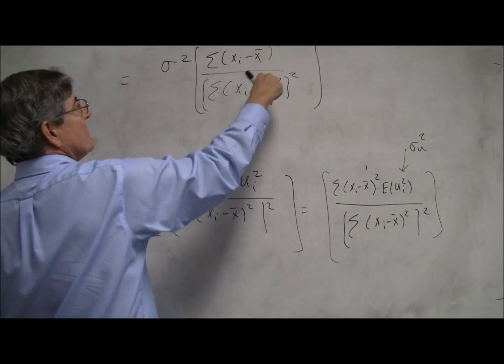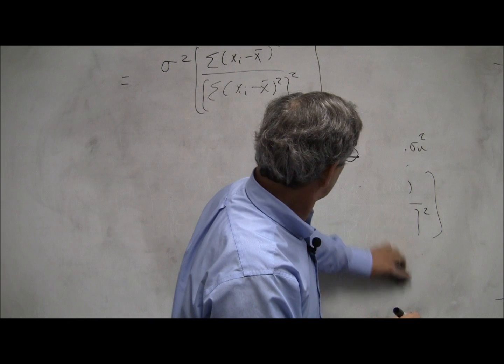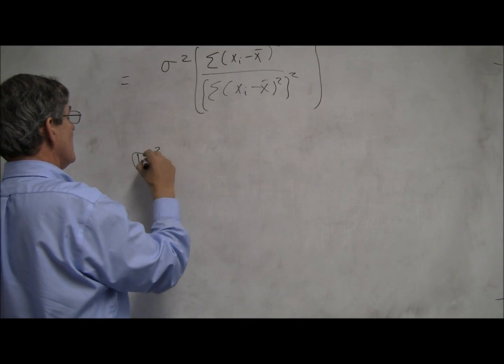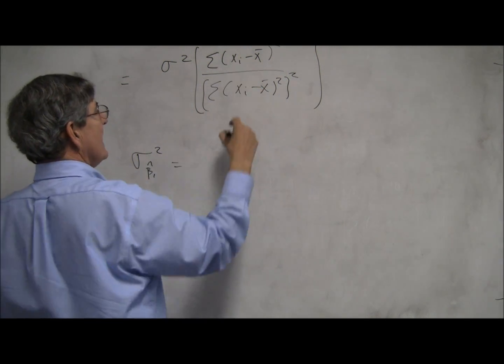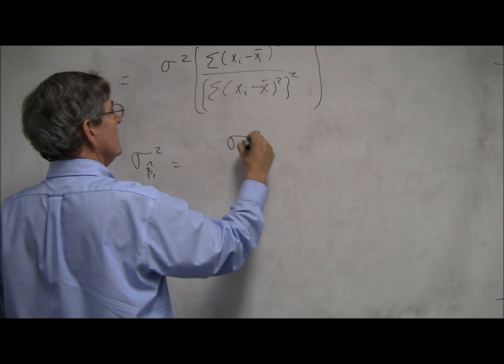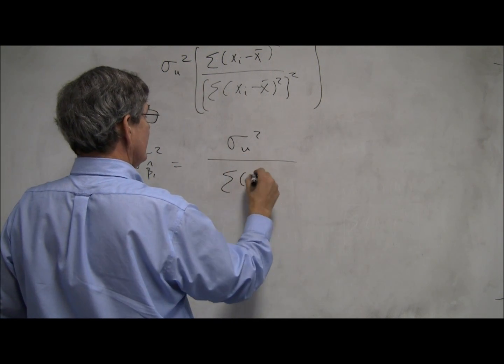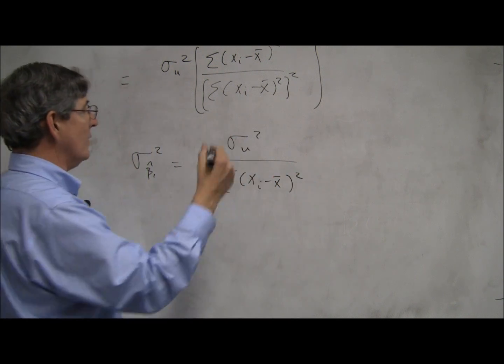But these are the same, so it'll cancel. And so the true variance sigma squared of beta 1 hat is sigma squared u over the sum of the xi minus x bar squared, which is the formula that we had.